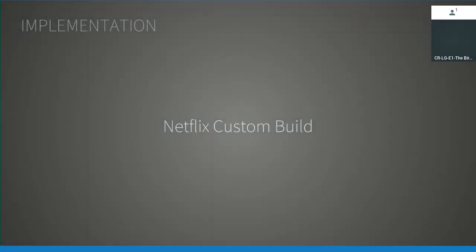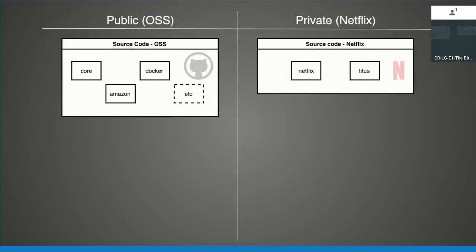So let's talk a little bit about how we at Netflix actually build our custom version of the UI. As you probably know, Spinnaker is open source, and we have split the code base into a number of different modules. Now, on the Netflix private side of this screen, we see the modules that are specific to Netflix's build.